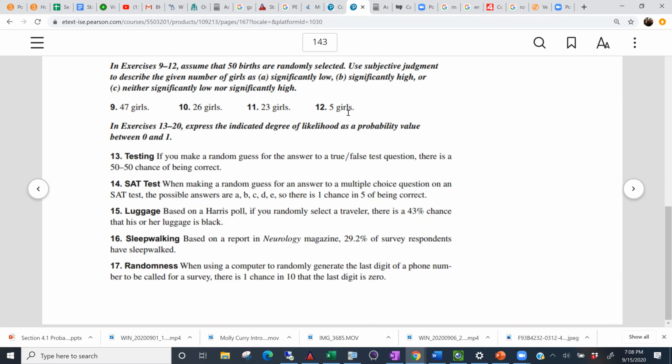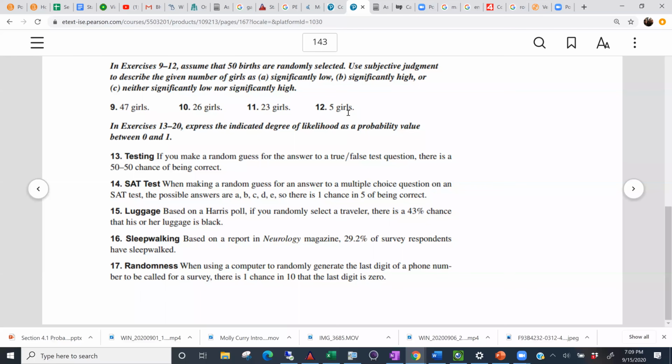Is that an unusual result? Or is that neither significantly high nor significantly low? What would you guess? This is a little bit subjective here, but I'm hoping that you could guess this.